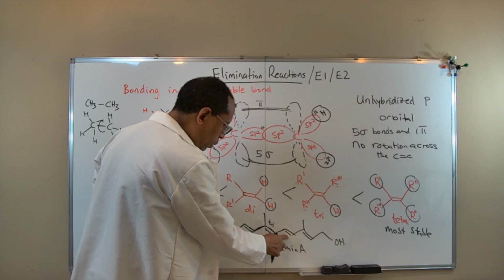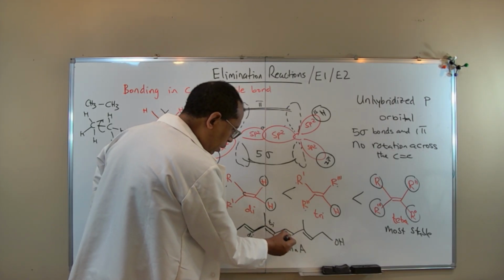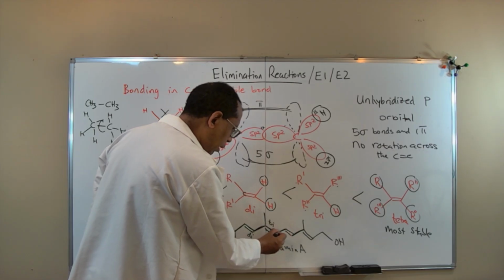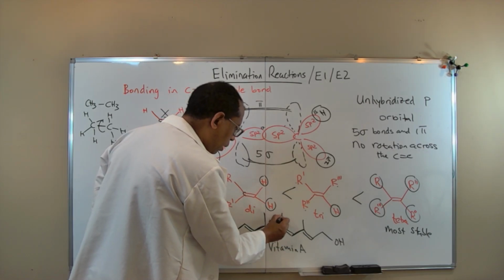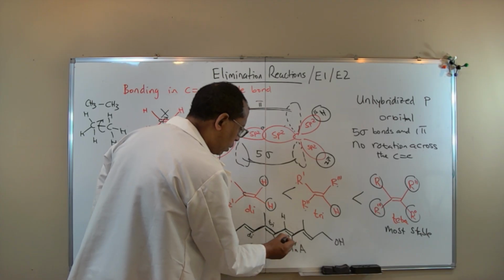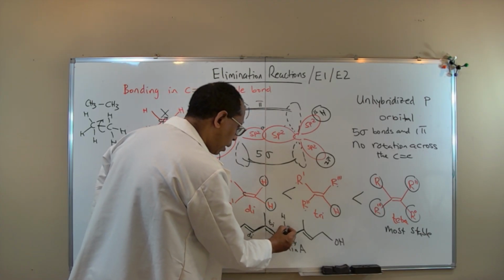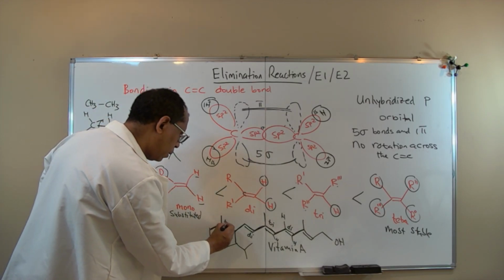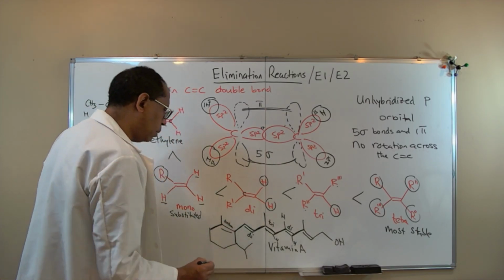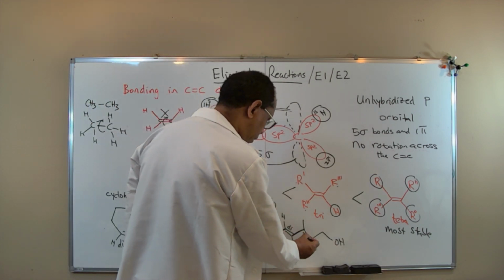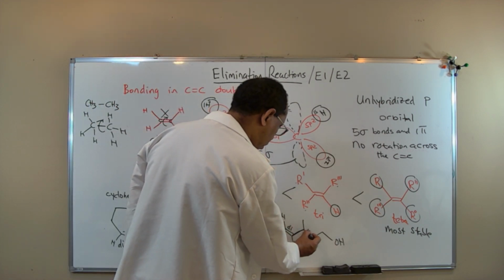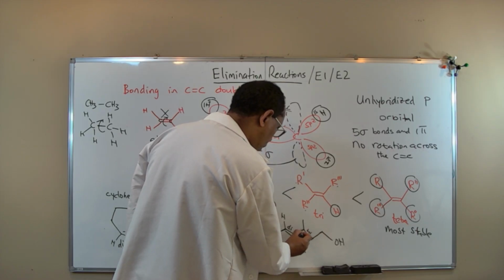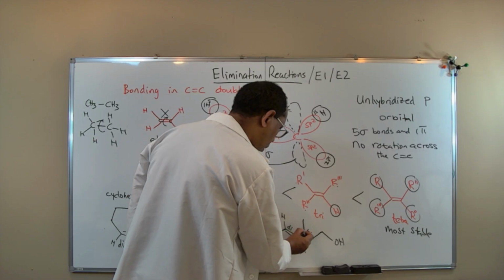If you just look at this one, this is di-substituted. You have one alkyl chain here, another alkyl group here, but the two are hydrogens. So across this is a di-substituted alkene. This is a tetra-substituted one. Here I have a tri-substituted alkene, because one alkyl here, one alkyl here, one methyl group here.